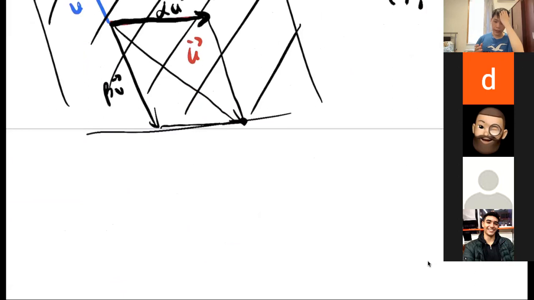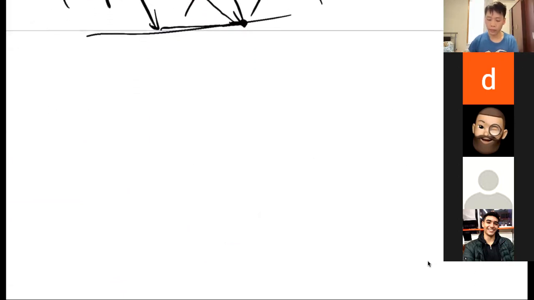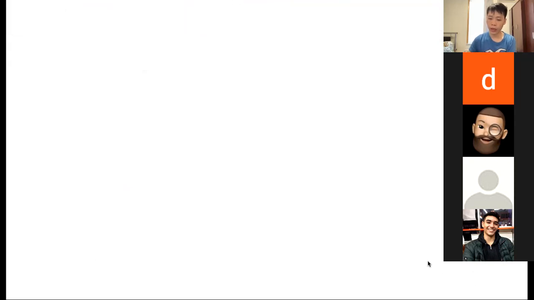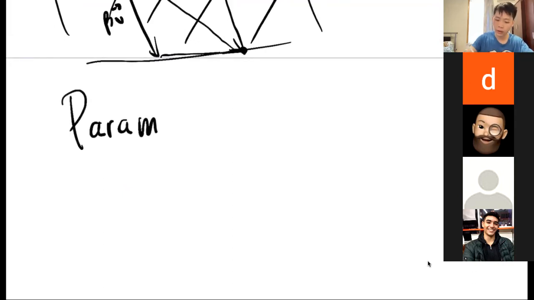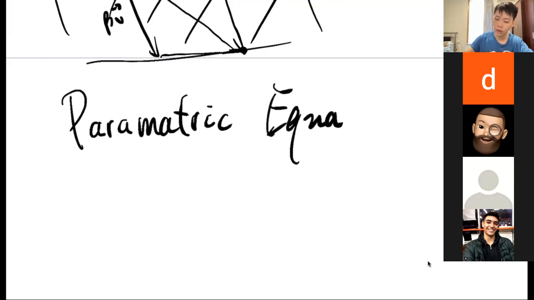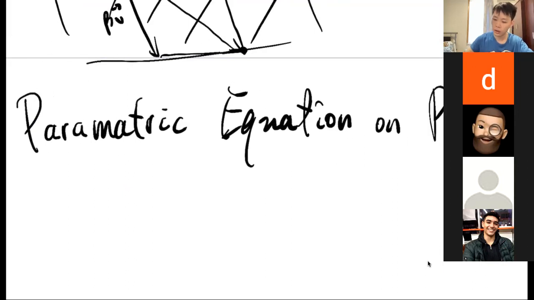Why this is important is that now we can generalize the parametric equation on planes. Like the parametric equation on a straight line, right?